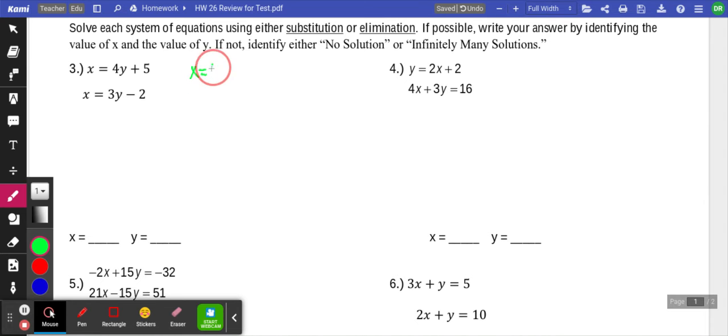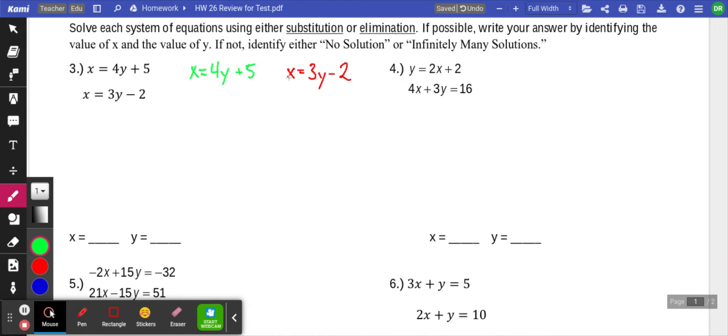So I'm going to show it like that, where we have x equals 4y plus 5, and the other equation is x equals 3y minus 2. Okay, and so what we say is if you have a variable by itself, so if x is equal to 4y plus 5, that means those two things can interchange. And so anywhere we have an x, we could replace it with this expression 4y plus 5, which is what I'll do over here.